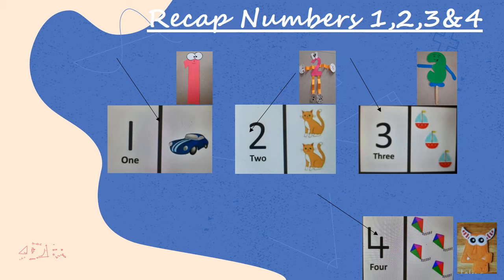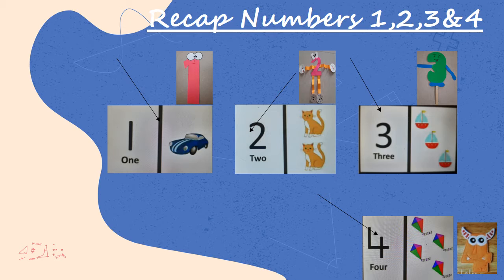So, we will quickly repeat again. Mr. 1 with number 1 and 1 car. Miss 2 with number 2 and 2 cats.